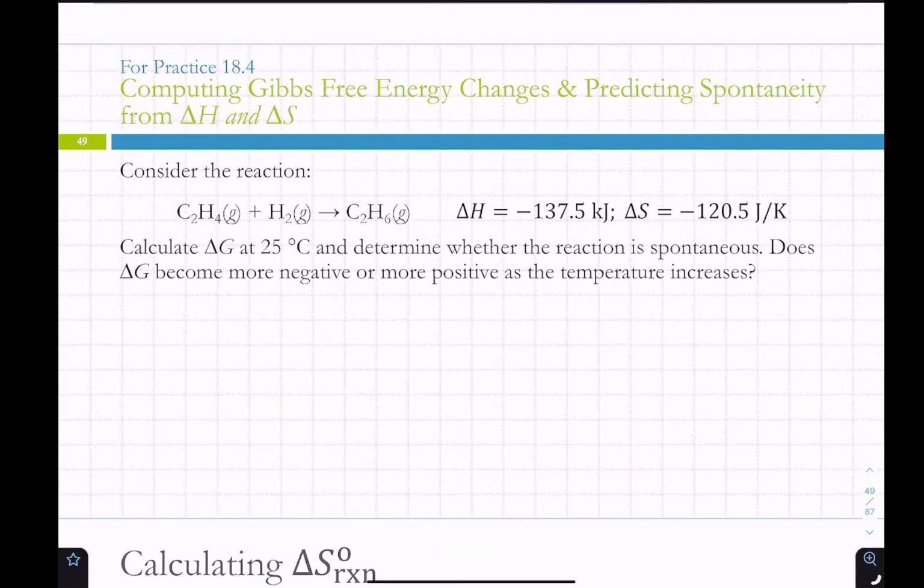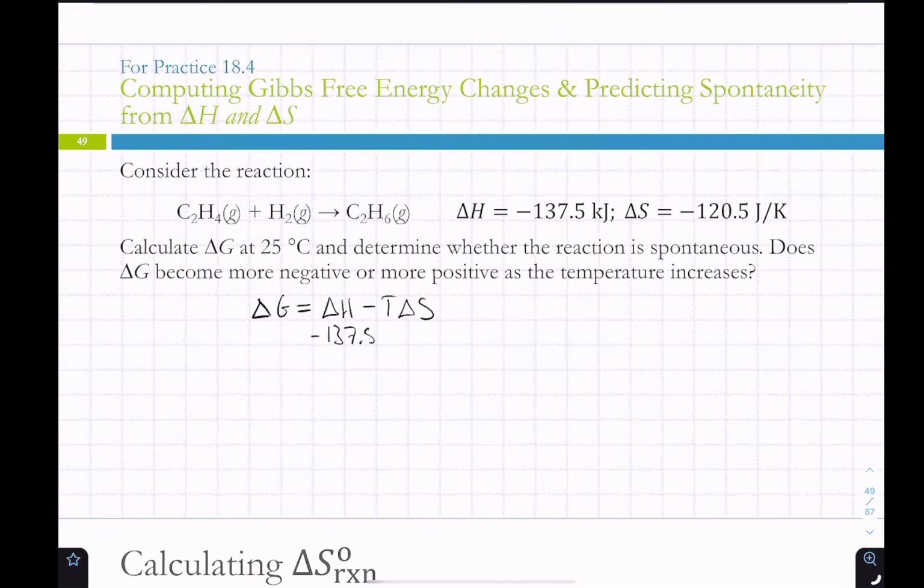Okay. So consider this following reaction, and now we're given a delta S. And we will get to, I promise, how to calculate that. You can see at the very bottom, it's on the next slide. So if we want to calculate delta G at 25 degrees C and determine whether the reaction is spontaneous or not, all we have to do is remember the equation. Delta G equals delta H minus T delta S. And for now, we've been given these values.